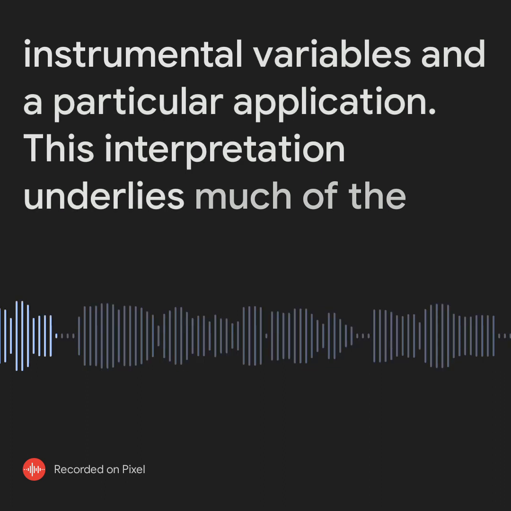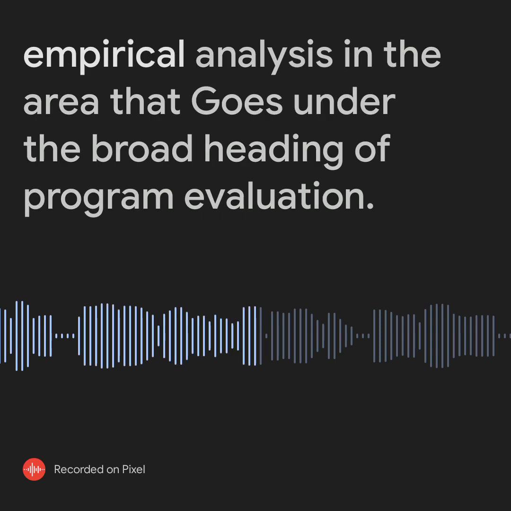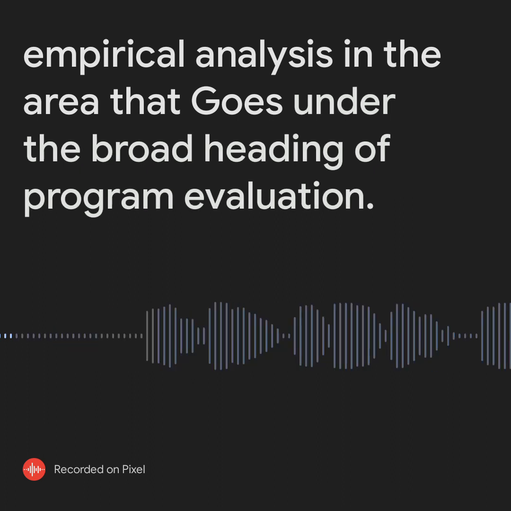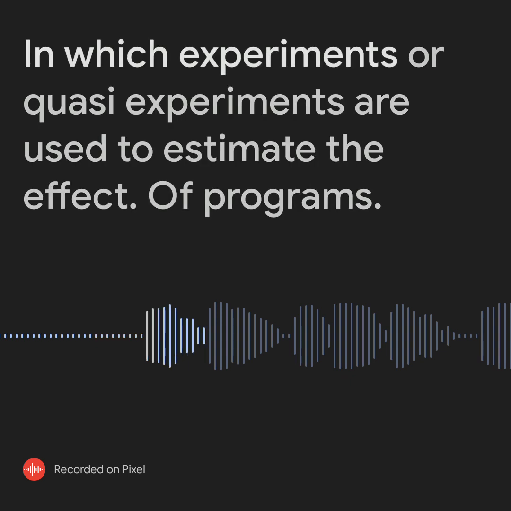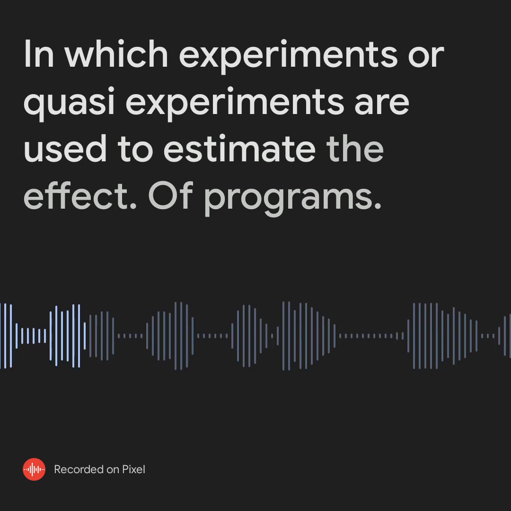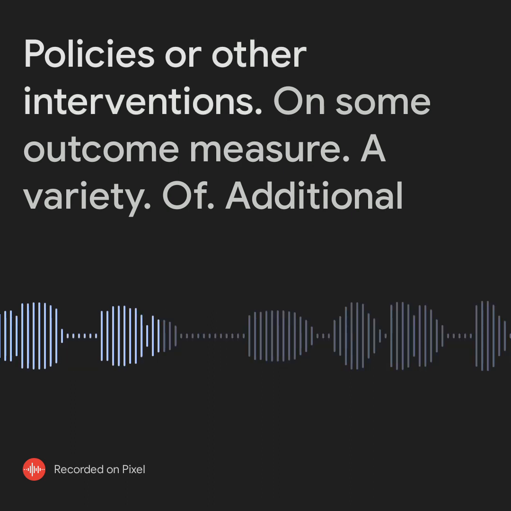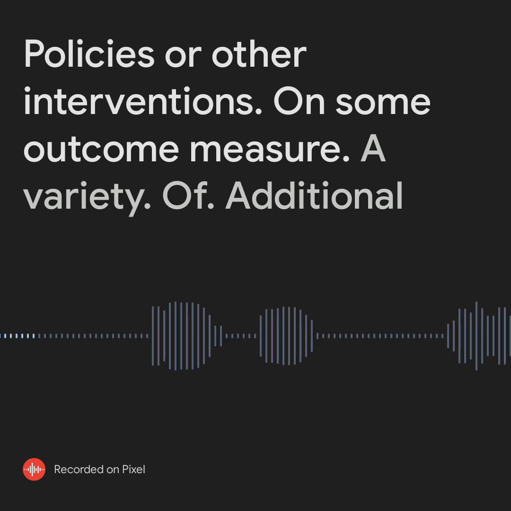This interpretation underlies much of the empirical analysis in the area that goes under the broad heading of program evaluation, in which experiments or quasi-experiments are used to estimate the effect of programs, policies, or other interventions on some outcome measure.